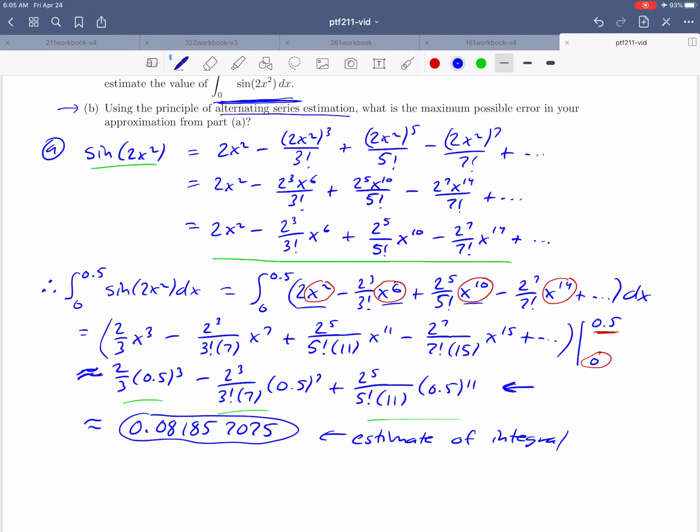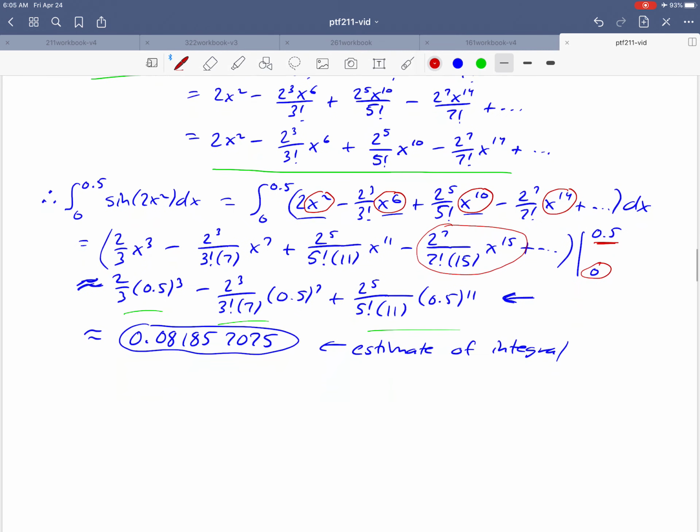How did the principle of alternating series estimation work? It told us that if we want to know how accurate an answer is, and we use 3 terms in our series, we can get the error by looking at the next term in the series, the 4th term here. So the maximum error is just going to be that 4th term, of course with the 0.5 plugged in, since that's what the next term in our series was.